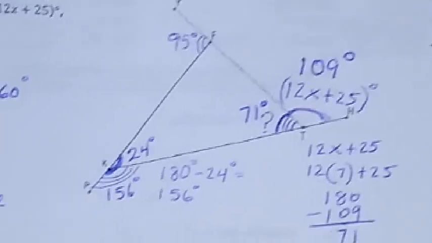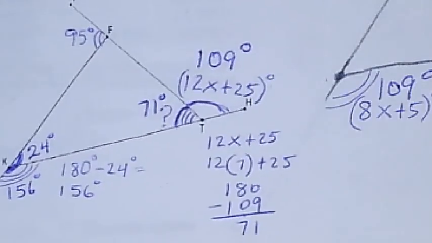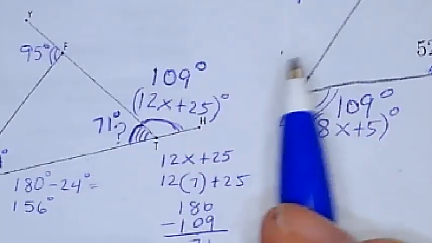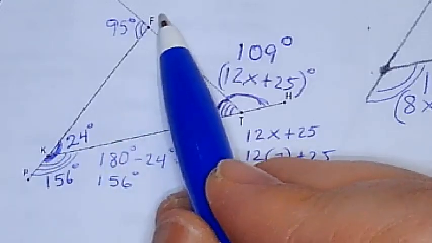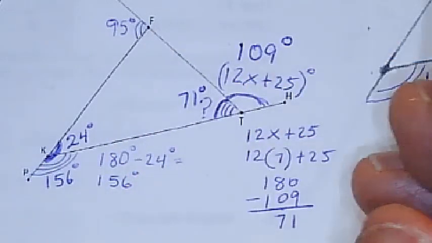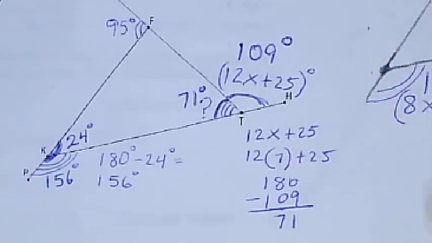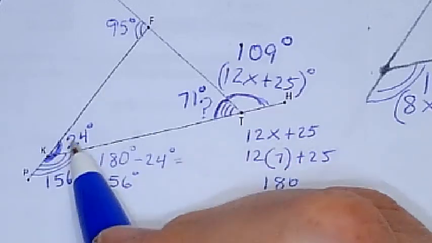And finally, what is the measure of angle KFT? Well, from K to F, F to T. So, what? That's a K. You said K of T. So from K to F and F to T, they're looking for this angle.